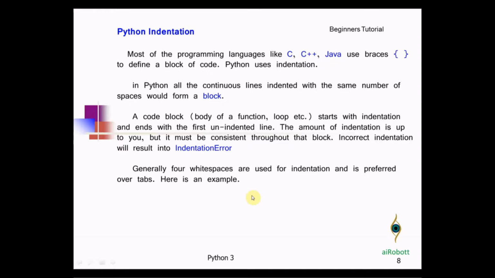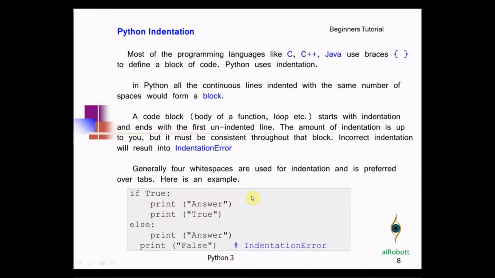Generally, Python uses four white spaces for the indentation. Here is an example. Please see. If true, a function starts here, and print.